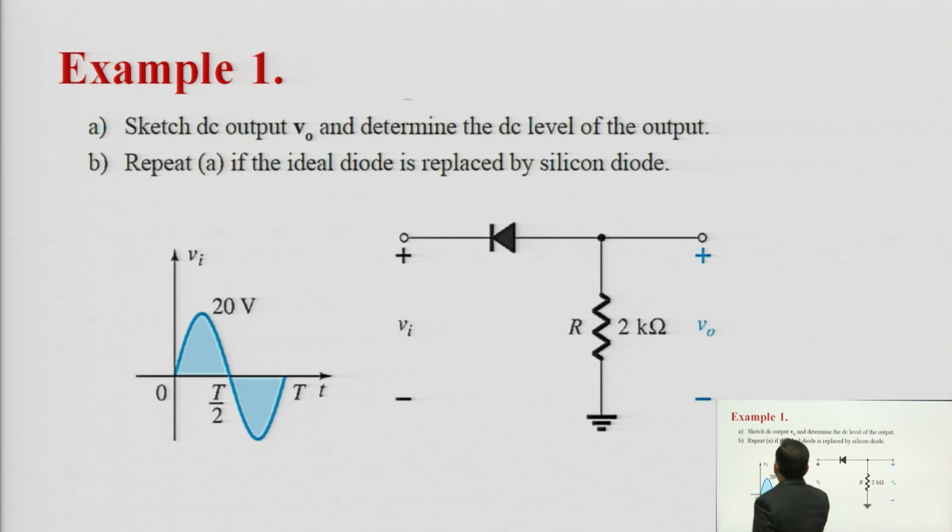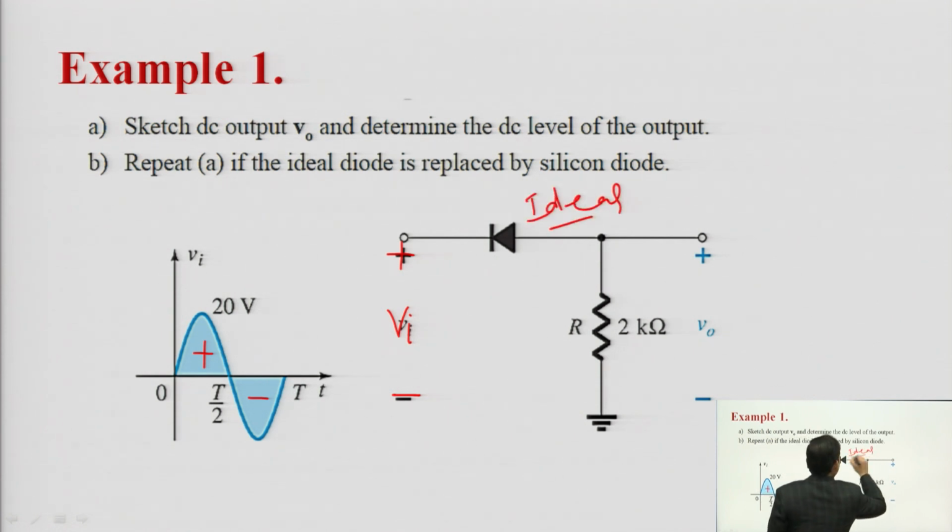We can see that during the positive half cycle, when this terminal is positive and this terminal is negative, this diode, which is initially ideal, will be off, and this same diode will be on during the negative half cycle.